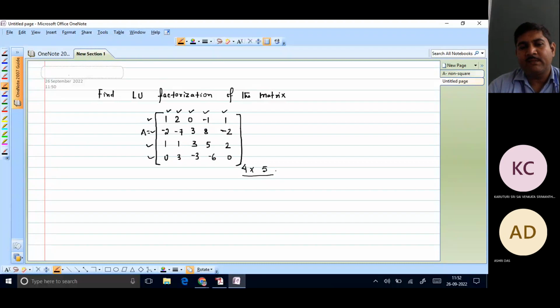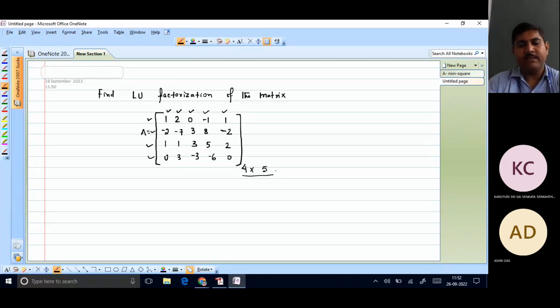Right? Whatever method we worked on was applicable for matrices of size n by n. But here we have something different: a matrix of size 4 by 5. I want to apply the same decomposition method, but here instead of U being upper triangular, U is assumed to be a matrix in row echelon form.